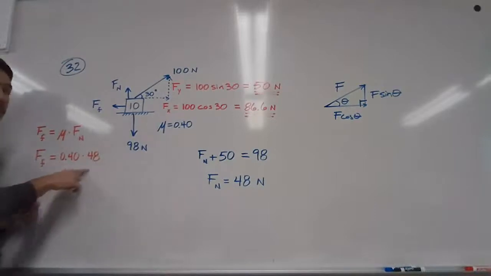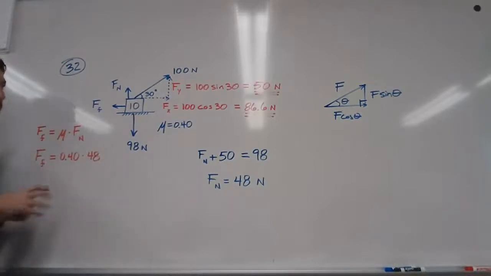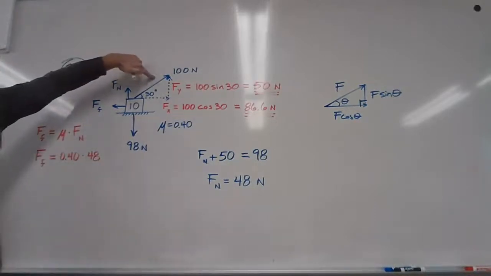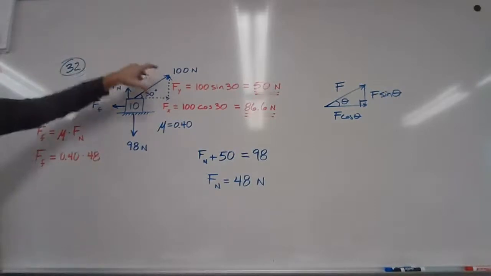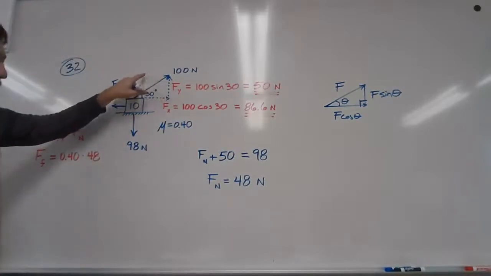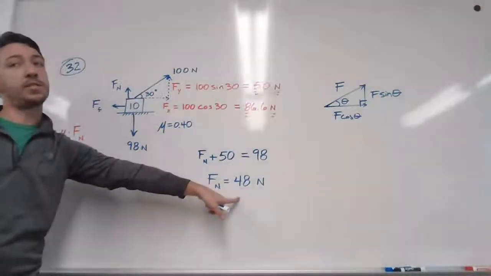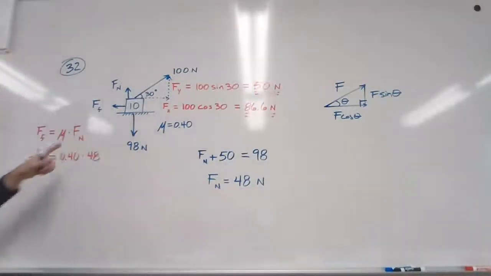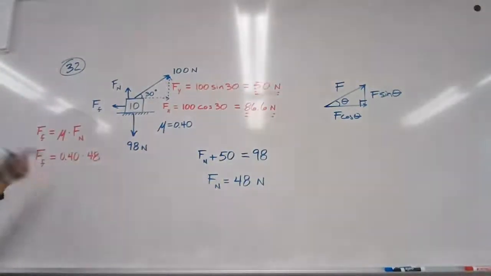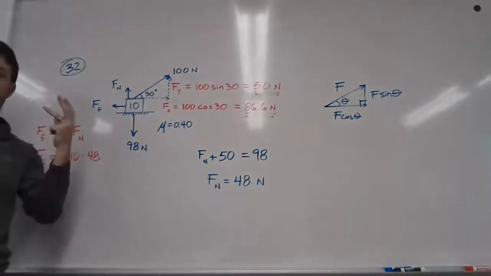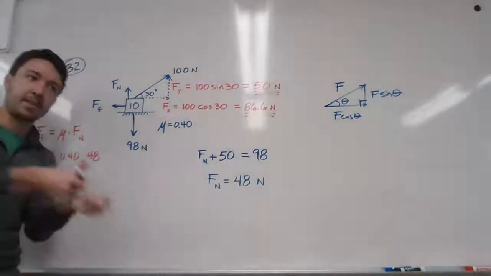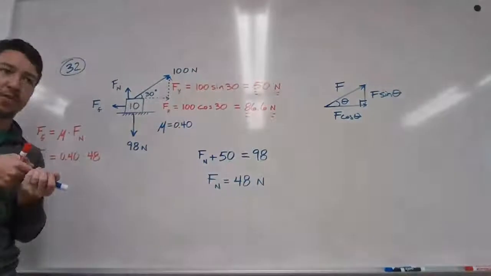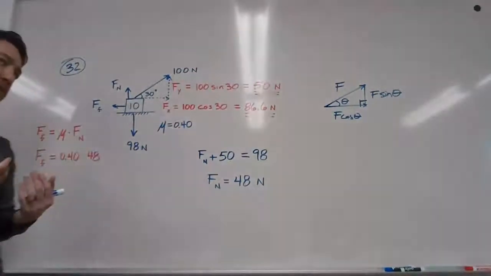So hopefully you're thinking about what this means. The more vertical force I provide, the less normal force there is, which means there's less friction force, which should hopefully agree with your intuition. The more I pick the thing up off the ground, the more I exert upward force, that's going to alleviate some of that friction.